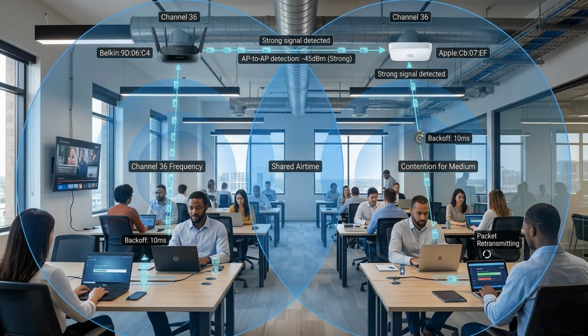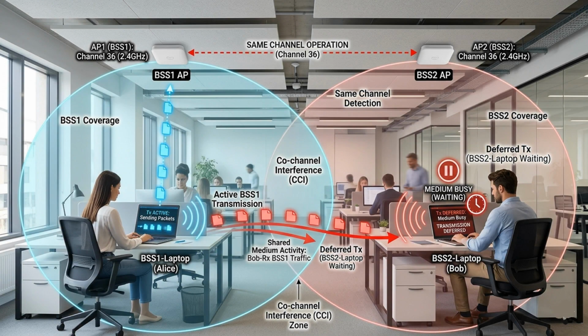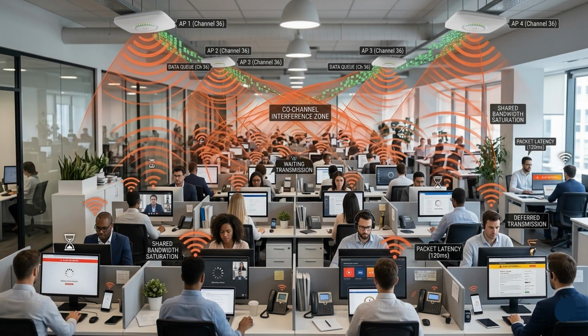Consider another example where Belkin and Apple both serve clients on channel 36. Since both APs can detect each other at a strong signal level, they effectively become part of a larger contention domain. All connected devices must therefore compete for airtime before transmitting data. In a CCI environment, a device defers its transmission even when the ongoing transmission originates from a different BSS operating on the same channel.